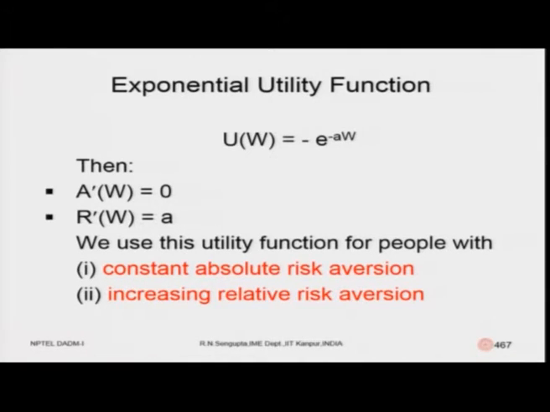If you calculate it, you will find out A value is minus U double prime by U prime, and R value is minus W into U double prime divided by U prime.